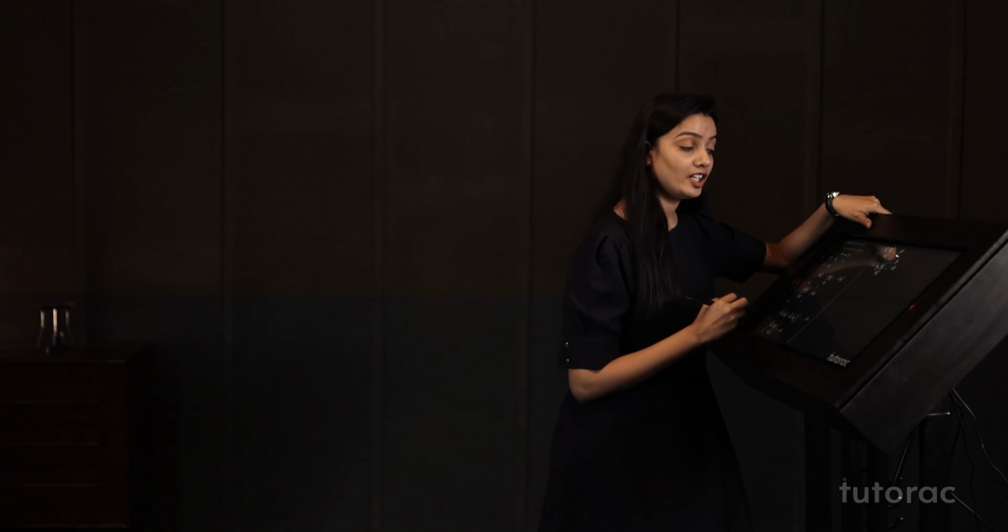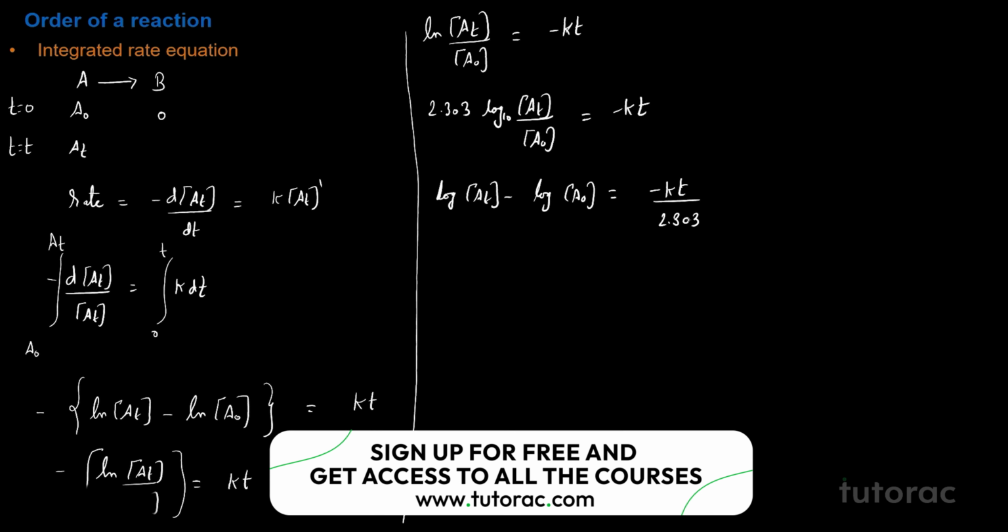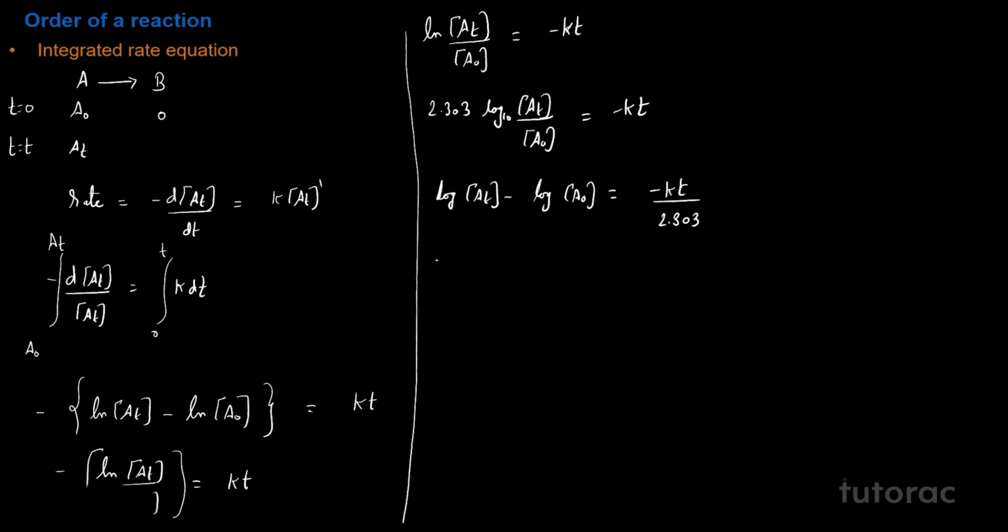From here, using the property of log, log At minus log A naught is equal to minus kt upon 2.303. So I can write log At is equal to log A naught minus kt upon 2.303.